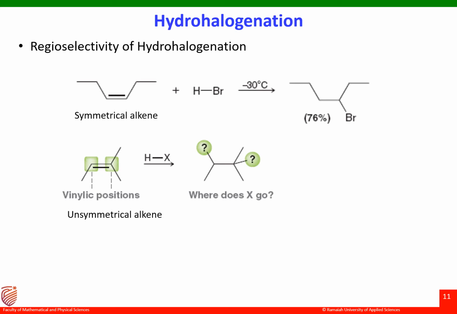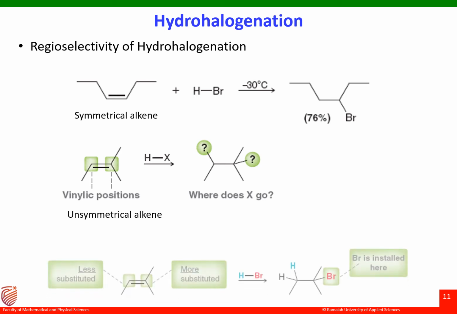The hydrohalogen will be added across, and the first species that is going to be added is the electrophile. So H plus, where will it go? Depending upon where the H plus goes, the Cl minus would then come and attack. So here there are two possibilities. It can go to this carbon or it can go to the other carbon, that is the second carbon and the third carbon. Which one is more preferred?